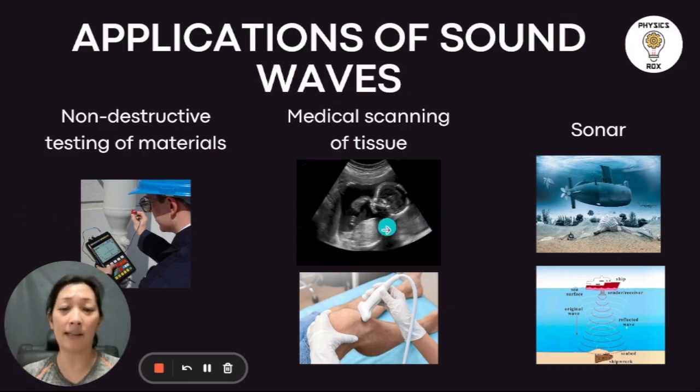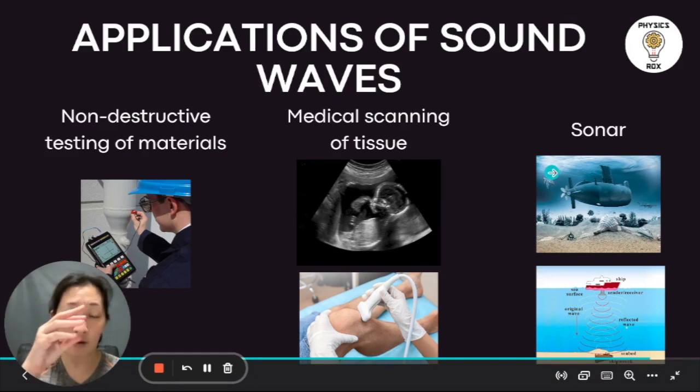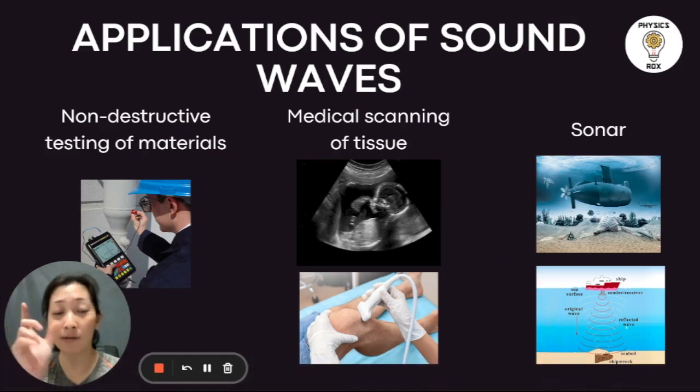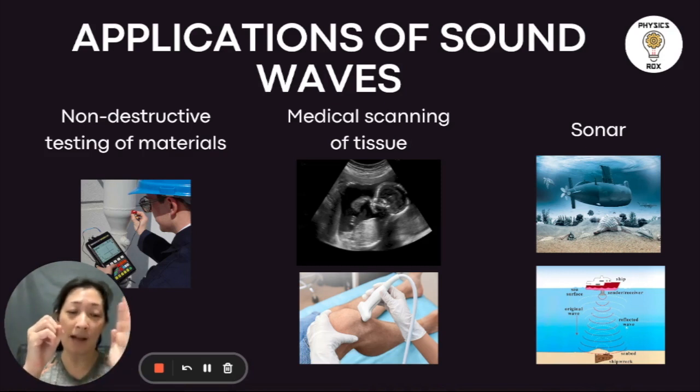So these devices have both the transmitter of the sound and receiver of the sound, and it uses that time difference in order to measure the depth, how far away whatever we're looking for is from the surface.